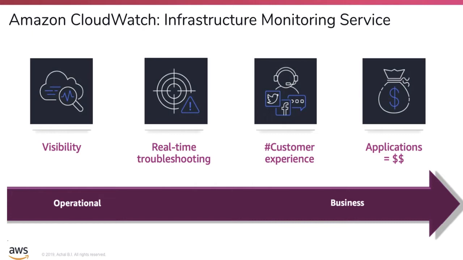So this would help us troubleshoot in real time, and also help in improving the customer's experience, and this would give value to the business because we are handling errors, utilization problems, or overheads. So let's see what are the offerings provided by AWS on the monitoring service.